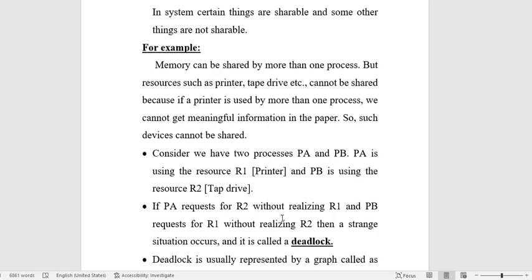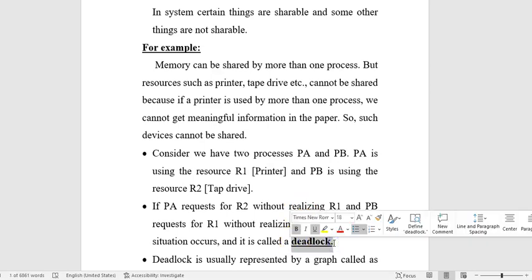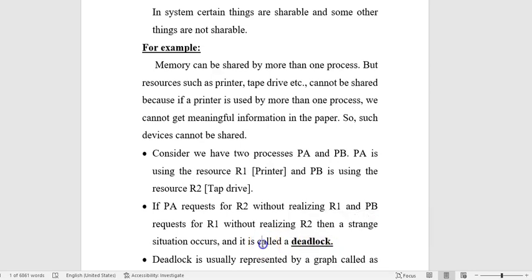It is using R1 and requesting R2 without releasing R1. Similarly, PB is requesting R1 without releasing R2. This strange situation is called deadlock. So deadlock will occur when the resources are not shareable.